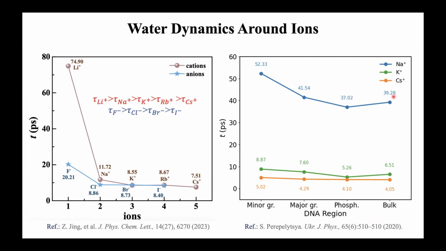It was shown that the residence time of water molecules around the ions located in the inner regions of the double helix, and especially in its minor groove, is much higher compared to the bulk water solution.